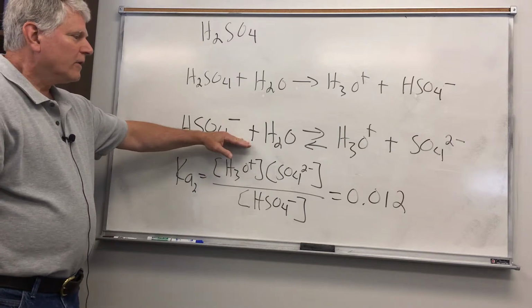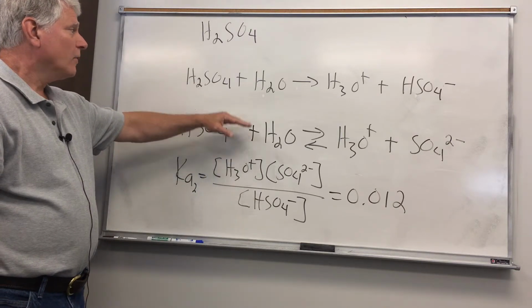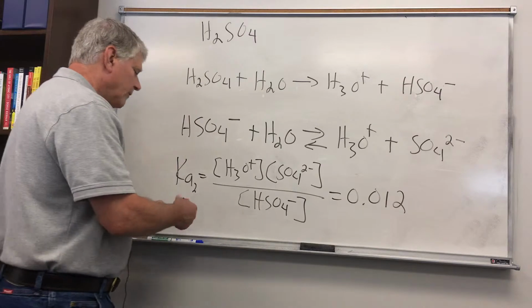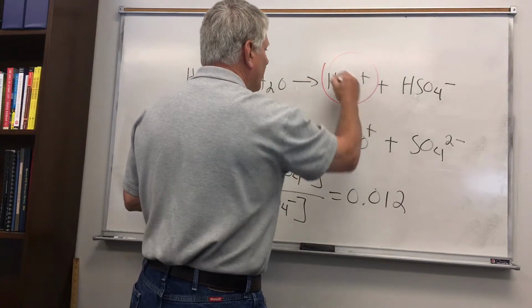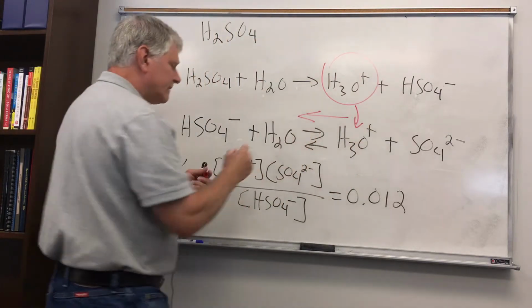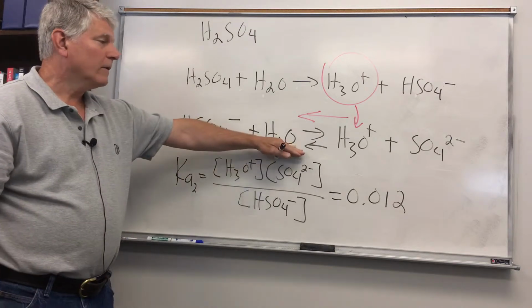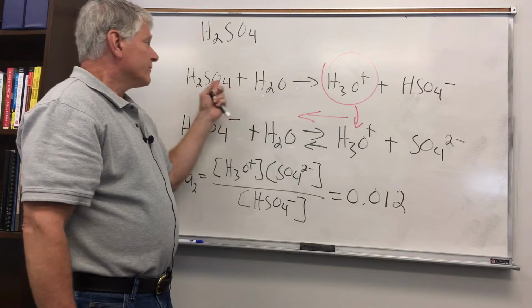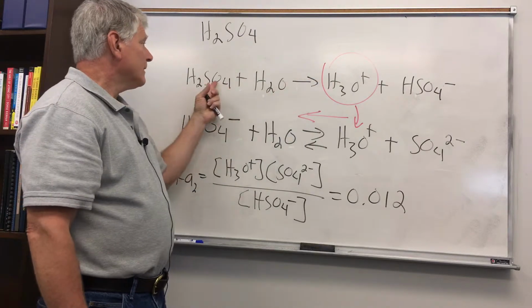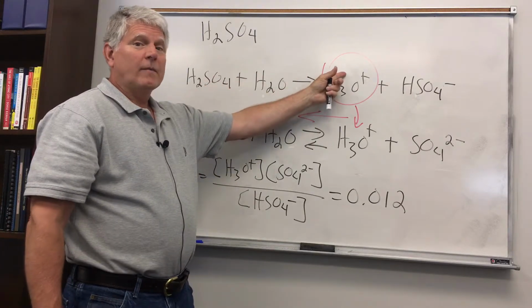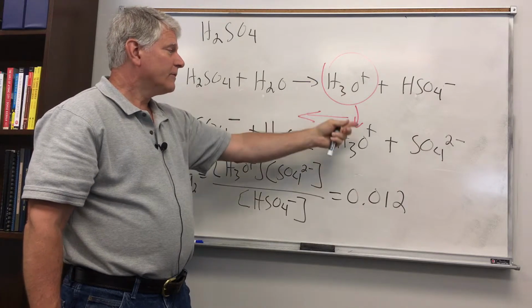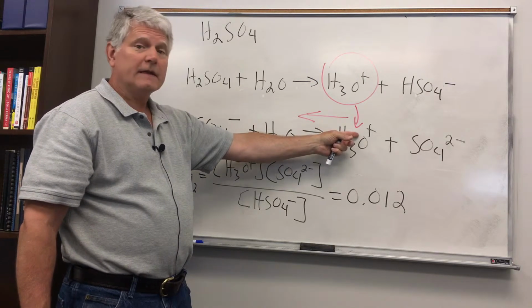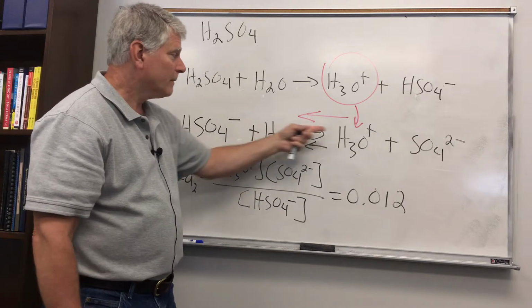So now let's look at the consequence that this H3O+ formed from the first step will have upon the equilibrium of the second step. So this is a strong acid. It completely reacts in the first step to form H3O+. Then that H3O+, being a product of the second step, is going to affect this equilibrium.